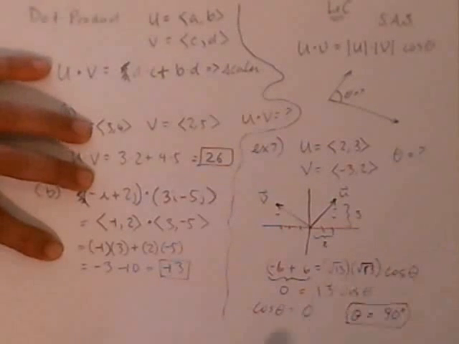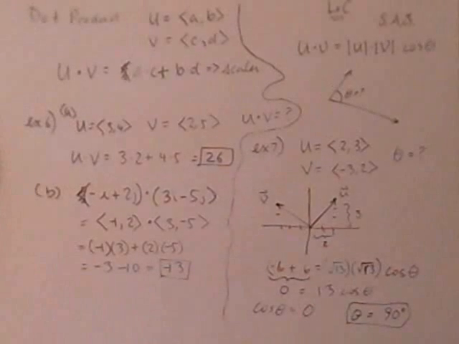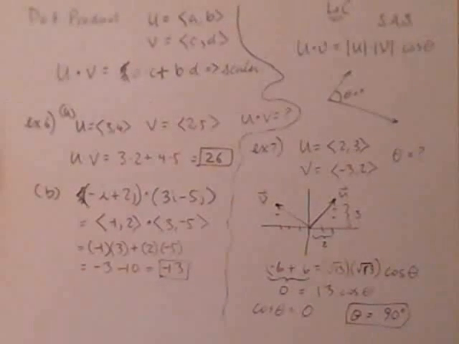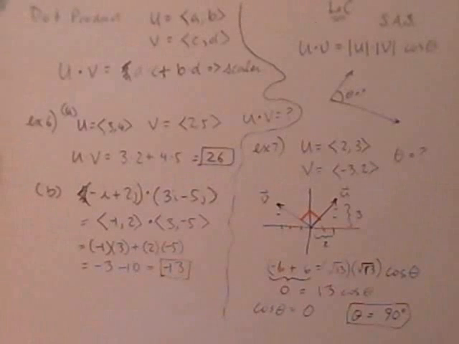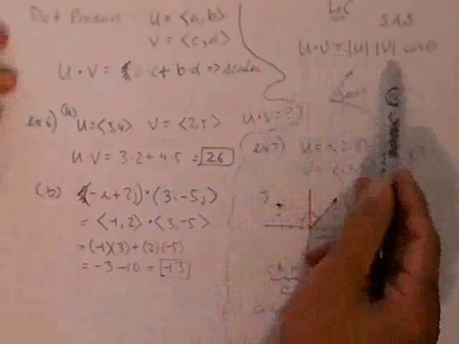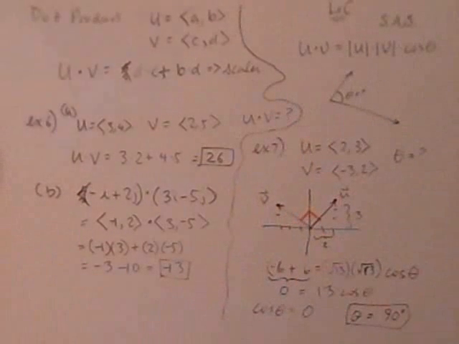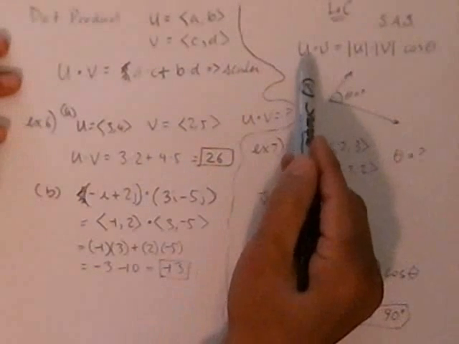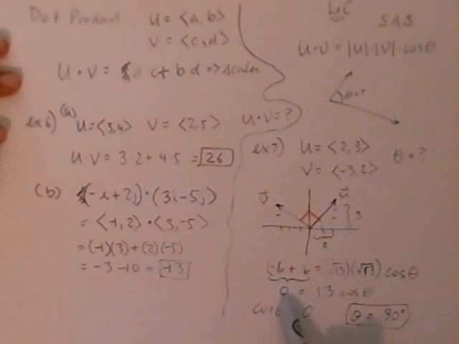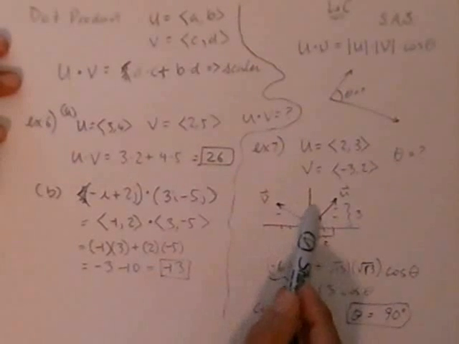I had that memorized. It's quite significant in this problem because this is going to be 90 degrees. One of the byproducts of this theorem, I don't even know if there's a name for it, the dot product theorem. When you use the dot product for u times v, if it equals 0, you're always going to have a 90-degree angle.